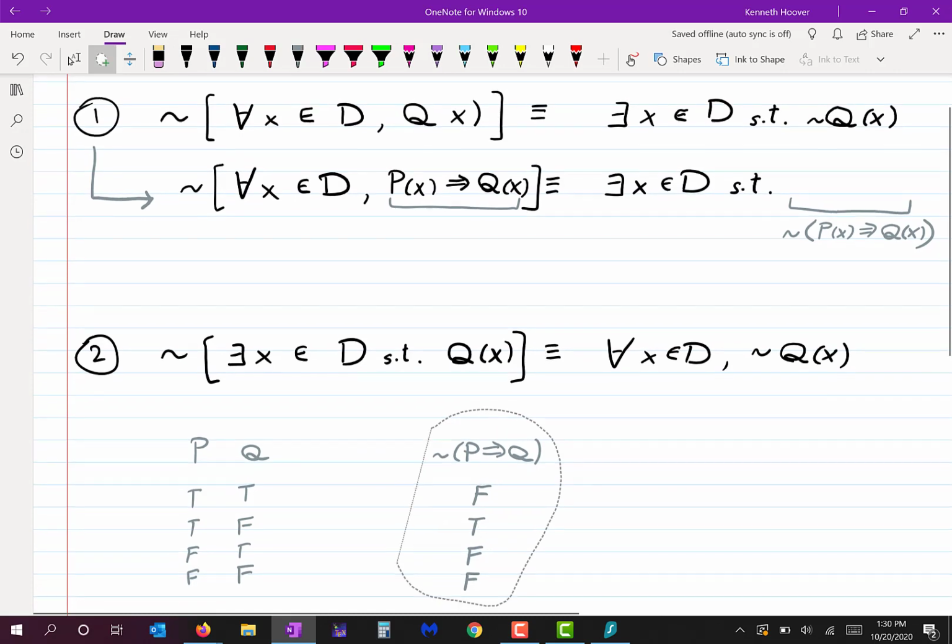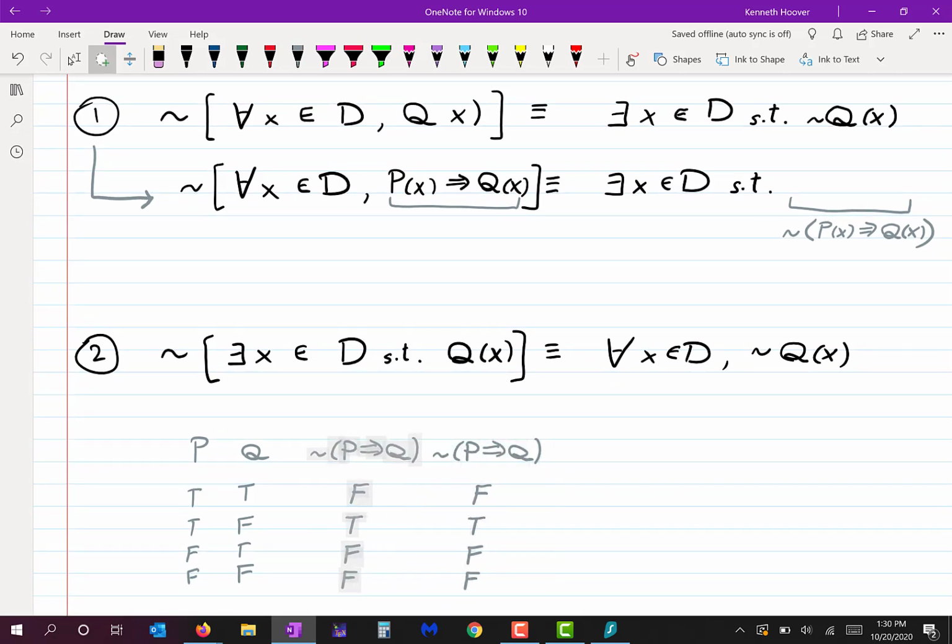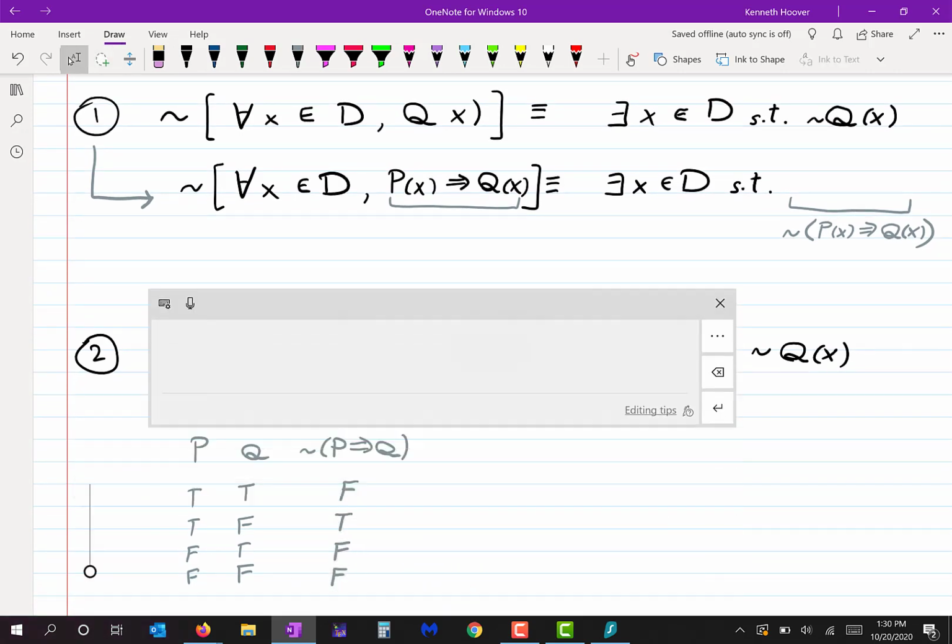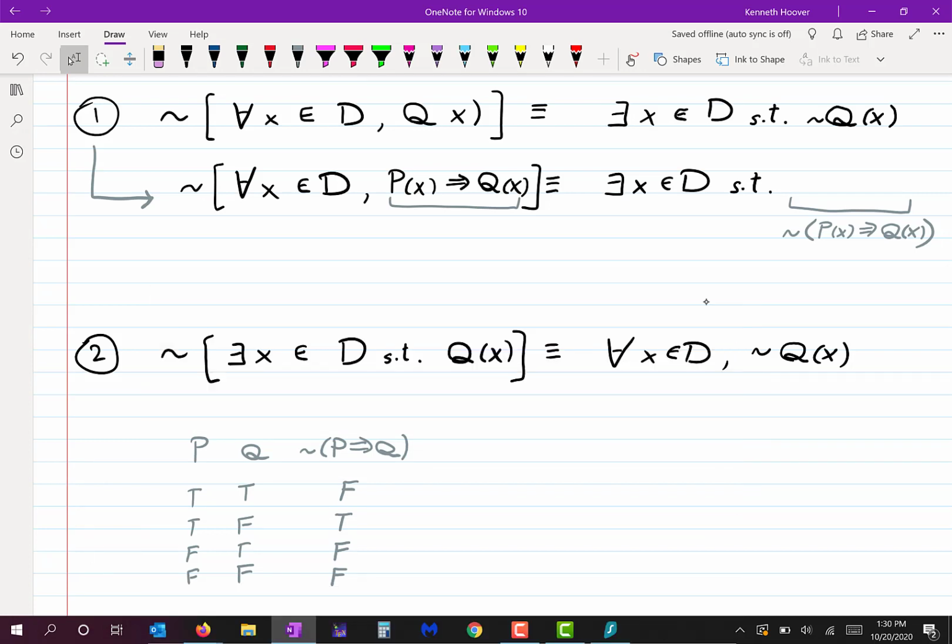Let's bump this over. Let's look at that. This statement is true only one time. It's only true if P is true and Q is false.